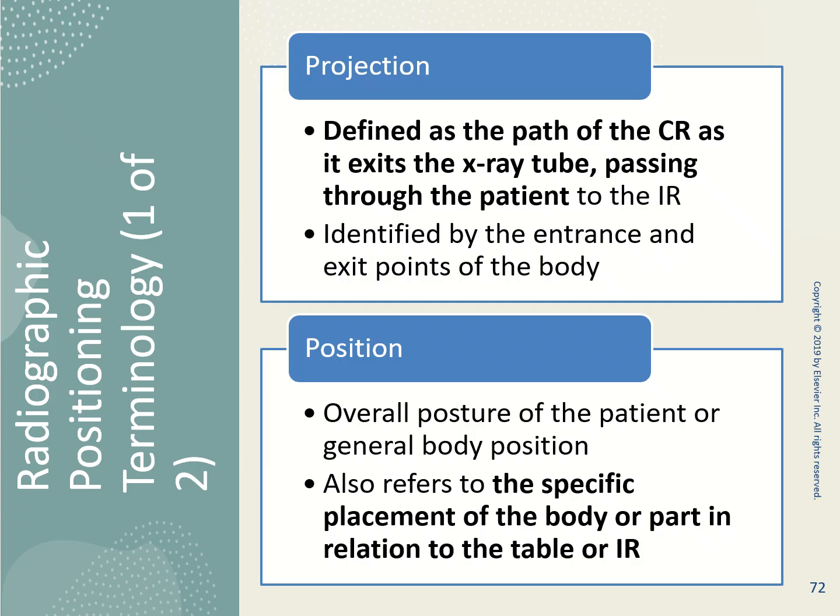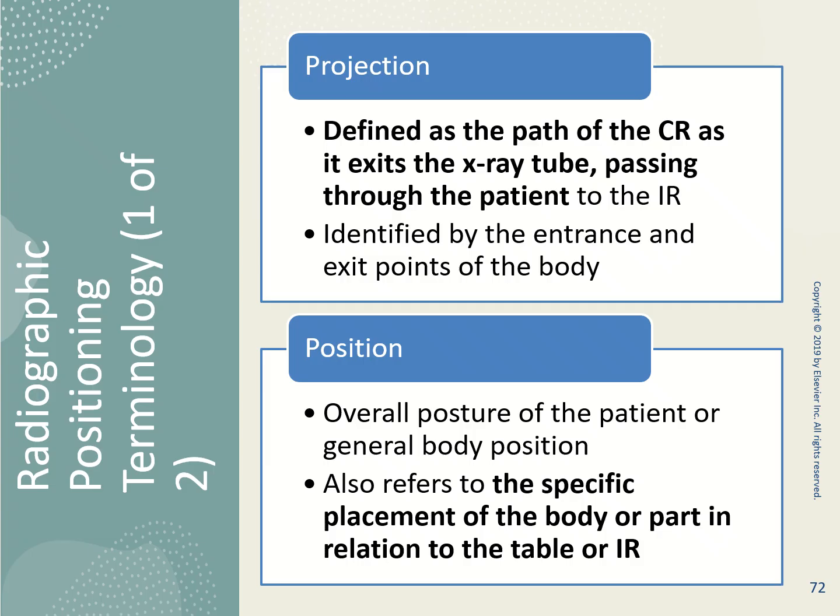Projection refers to how the X-ray beam passes through the body, from the X-ray tube through to the IR. What surface of the body does it enter and what does it exit? Okay. Position refers to how we orient the patient while we're taking the X-ray, relative to the image receptor.